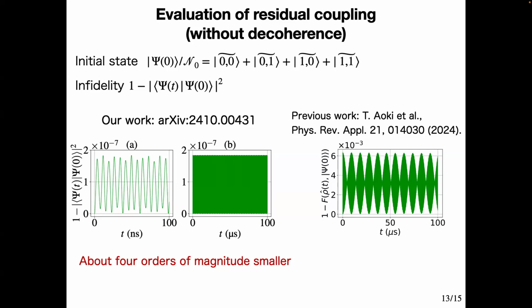Here is the result. As we can see, the infidelity is very low and about 4 orders of magnitude smaller than the previous case.